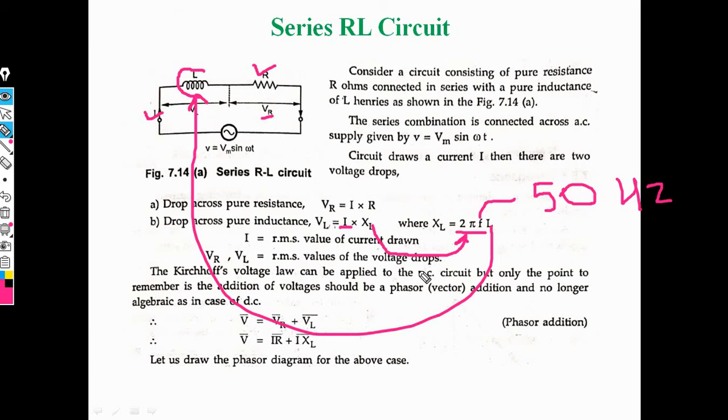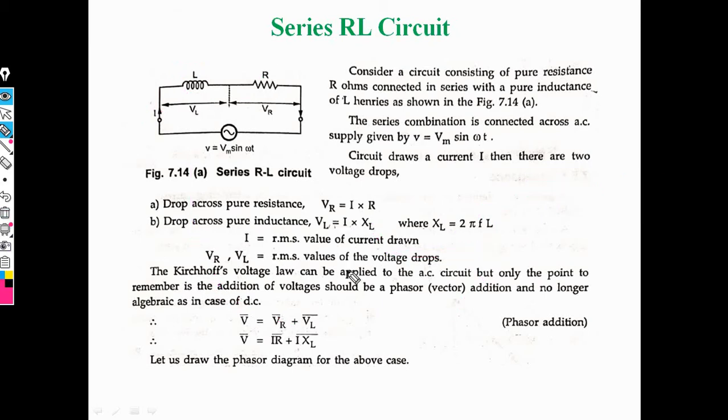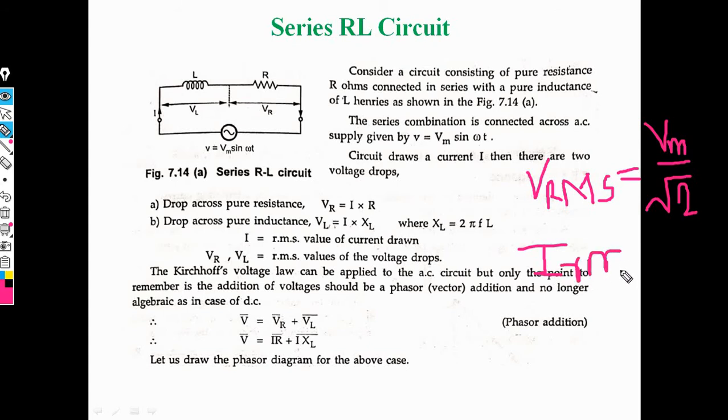In this circuit we need the RMS value of voltage, that is Vm upon root 2, where Vm is the maximum voltage. We also need IRMS, the root mean square value of current, that is Im upon root 2.